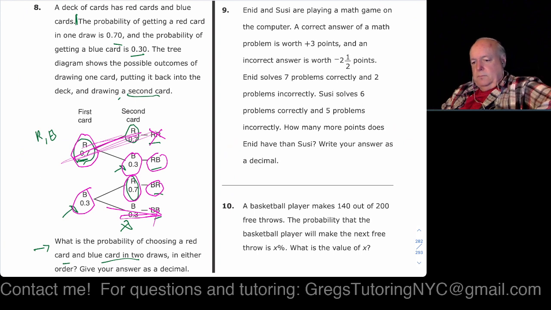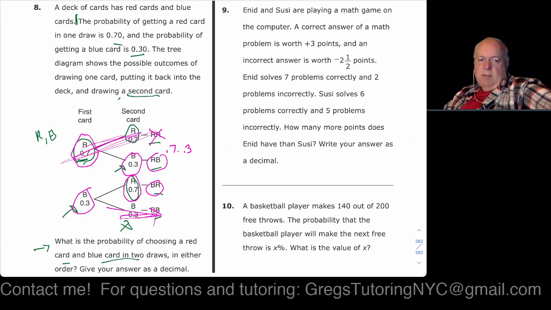So we need to consider two levels of probability. The first is the probability of choosing, in the top version, a red is 0.7, and then the probability of choosing a blue is 0.3. So that would be a red and a blue. This is multiplication.